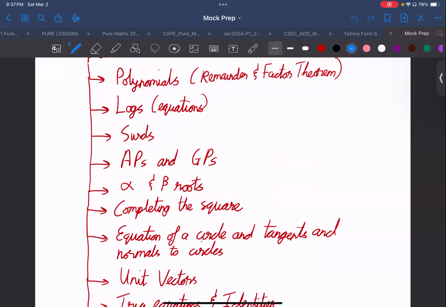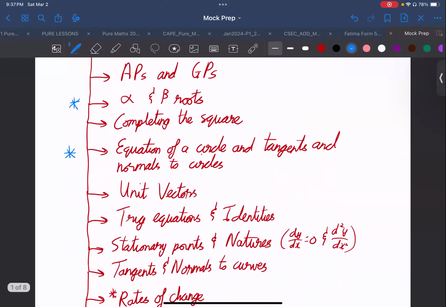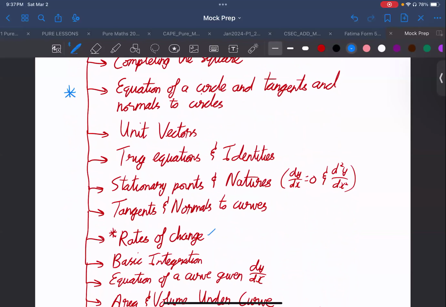I think the circles, a lot of people tend to mix up those circles, the alpha beta roots, and rates of change. Those are likely topics I think that you should look at.